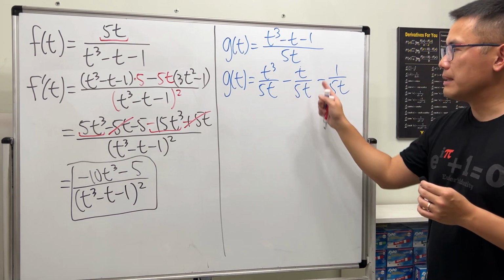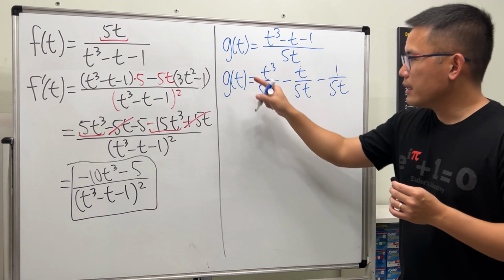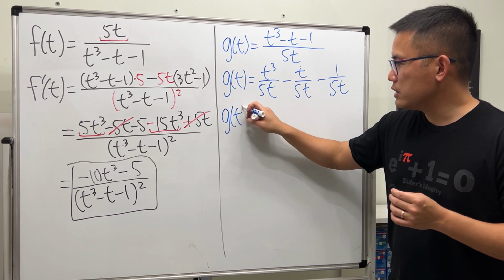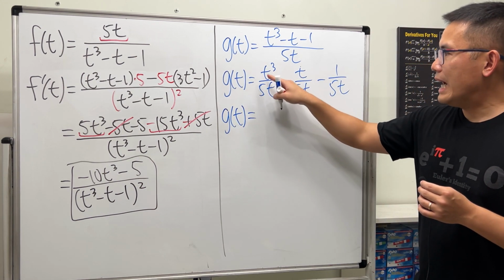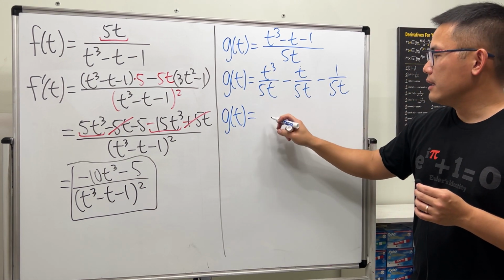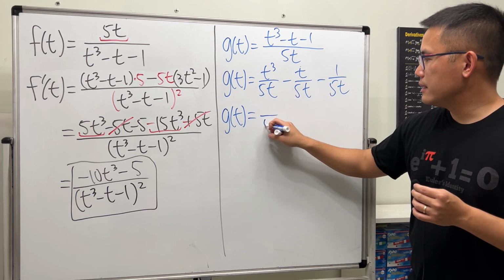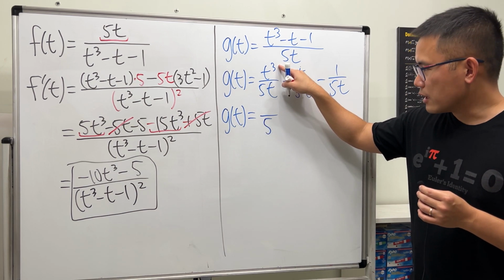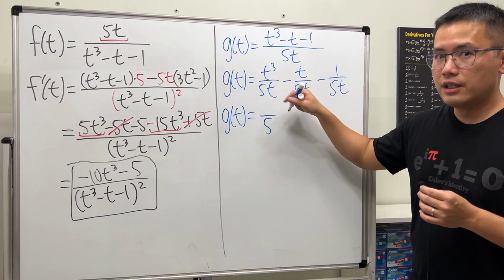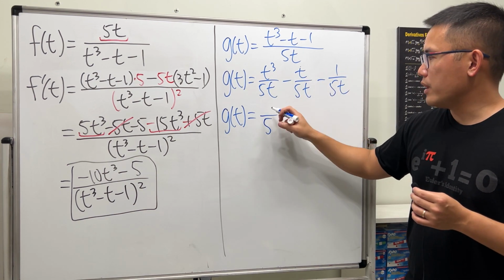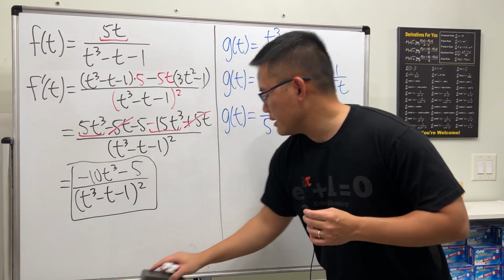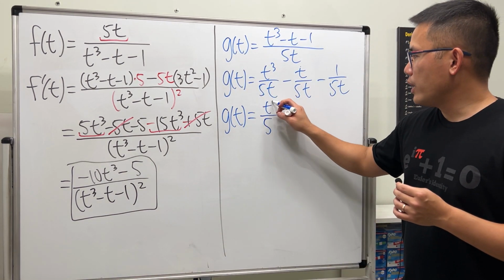Now, let's fix the power before we do the derivative. So this is g of t, still just the original. Here, we have 1 over 5, and we have t to the third power over t to the first. So we do 3 minus 1, t squared, and I'm just going to write it like this: t squared over 5.